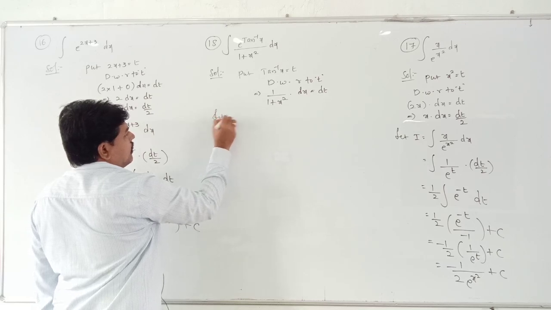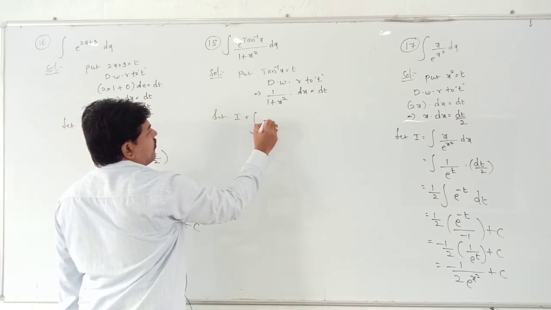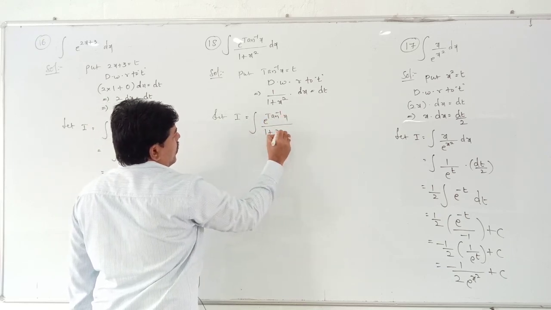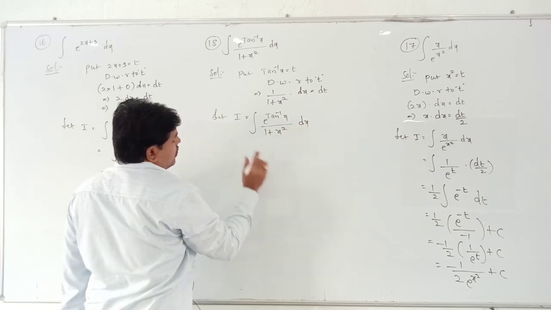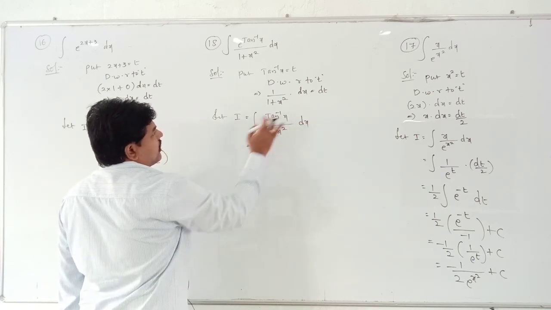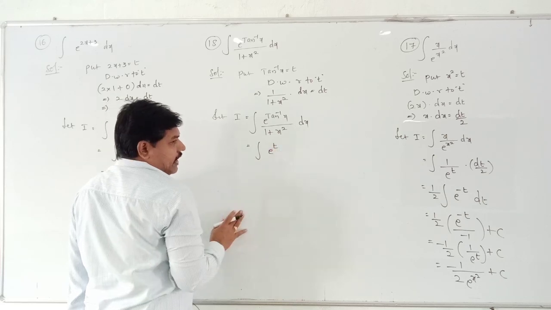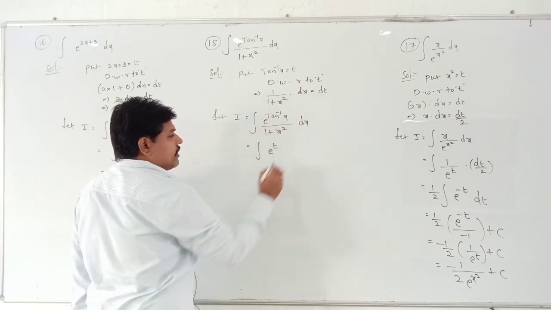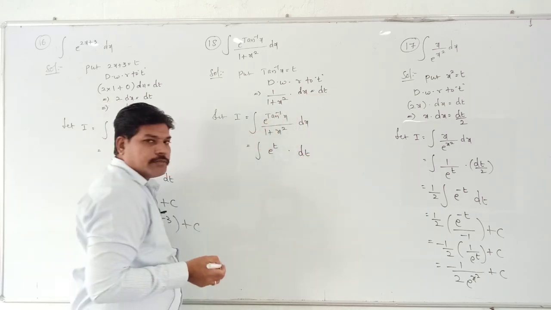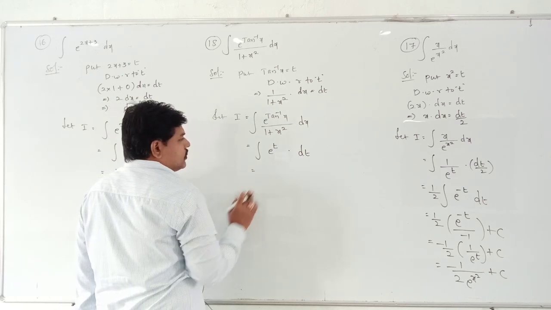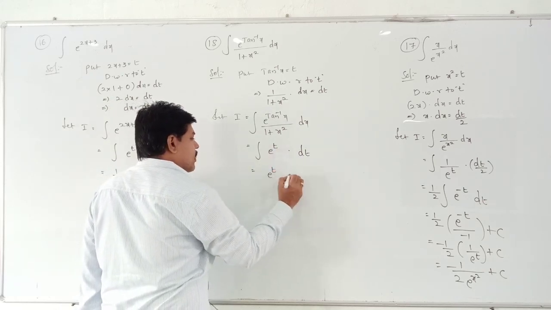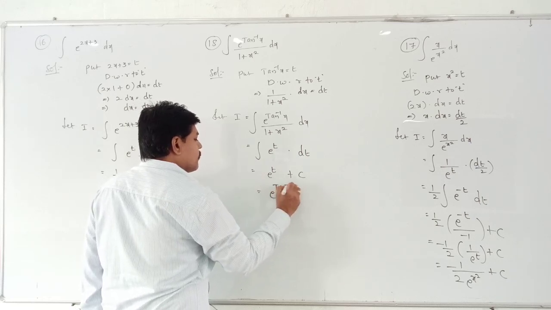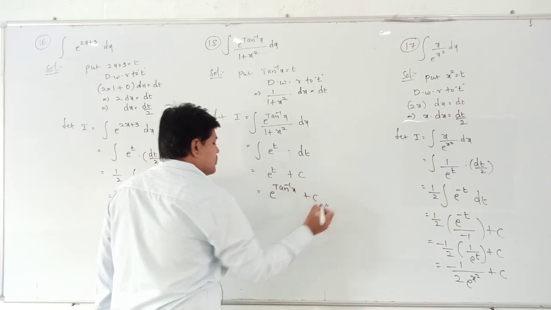Let I is equal to the integral of e power tan inverse x by 1 plus x square into dx. So that is equal to the integral of e power t, dx by 1 plus x square. Dx by 1 plus x square value will become dt. So this problem will become the integral of e power t dt only. So that is equal to e power t plus c. So that is equal to e power t value, tan inverse x, plus c.